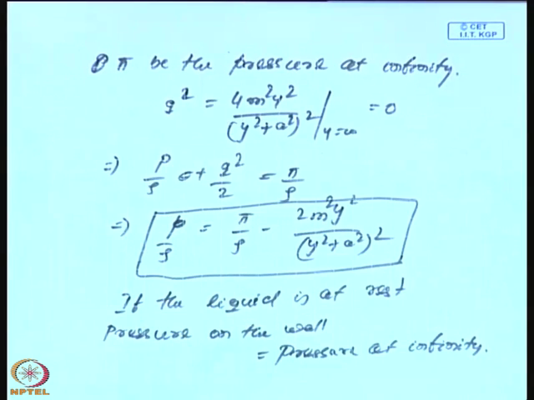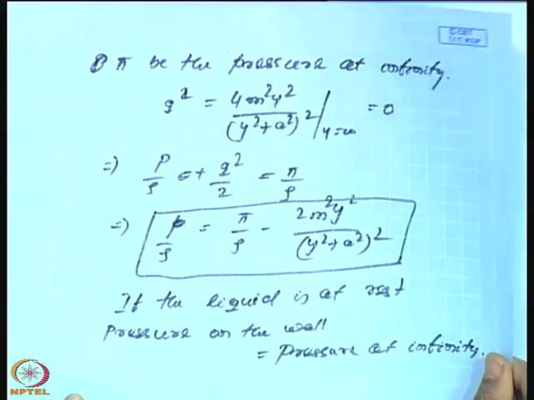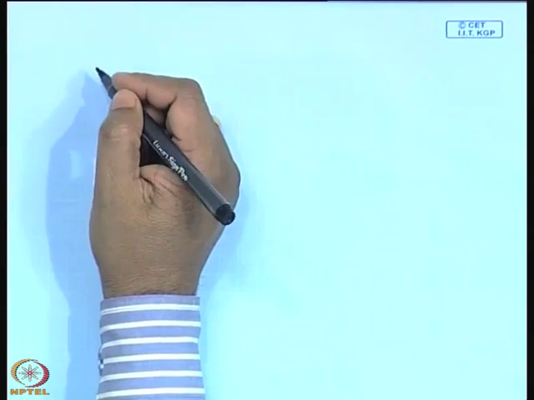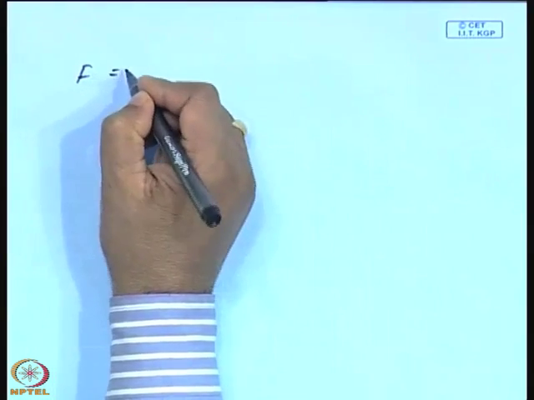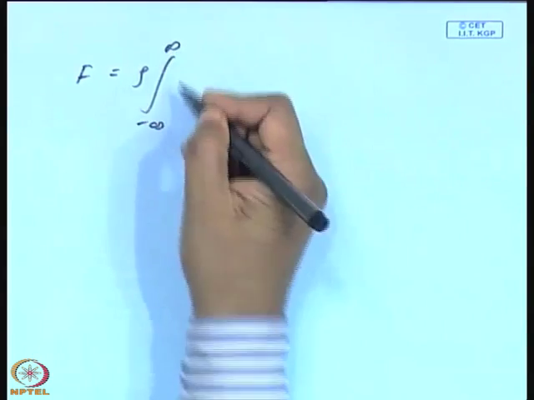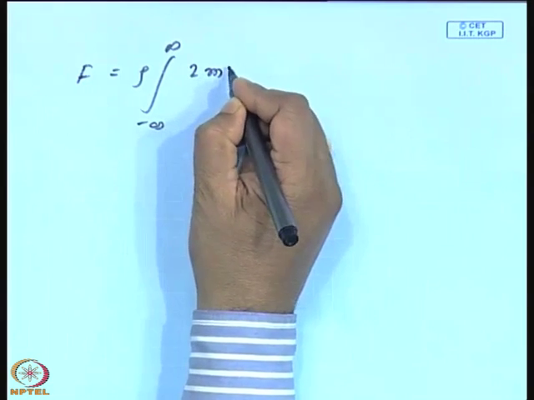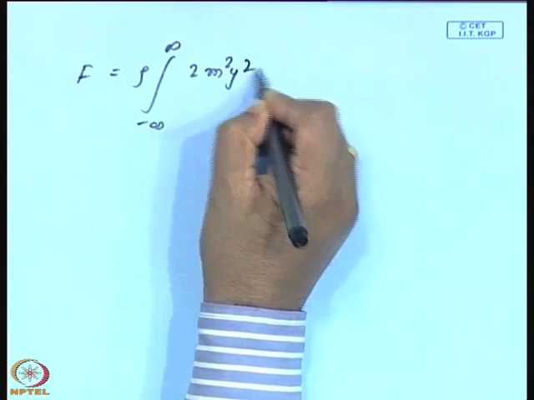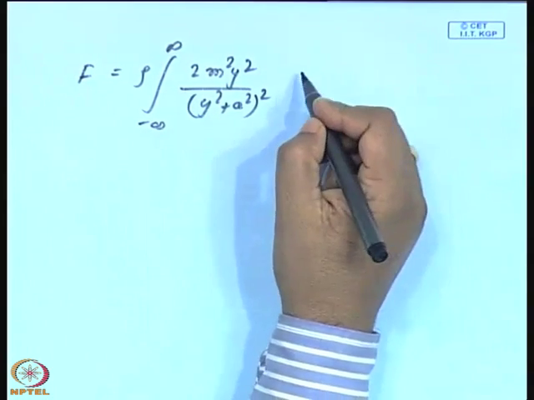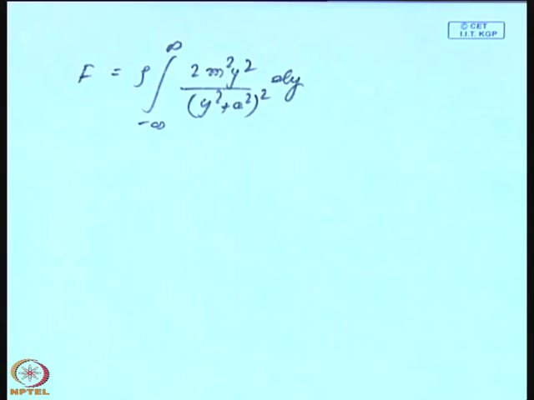Now with this understanding, if I want to calculate the force that is exerted on the wall due to the source, because I know p, I can calculate the pressure, and from the pressure I can calculate the force. So the force F is equal to rho times the integral from minus infinity to infinity of 2m square y square by y square plus a square, square dy.